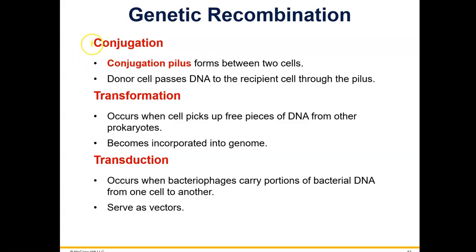But they can undergo a process called conjugation, and that is when one bacterial cell injects its DNA into another one through the conjugation pilus. So that means there's a donor cell and a recipient cell, and these are both prokaryotic cells. Can be bacterial or it can be archaea. But the donor cell passes DNA to the recipient cell. So this is from one bacterium or archaean to another.